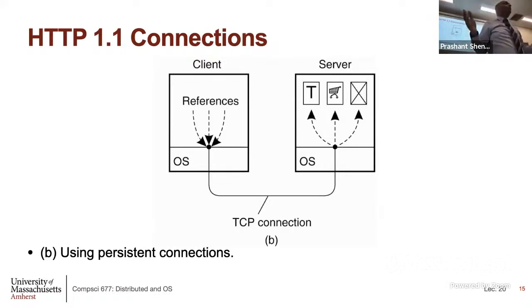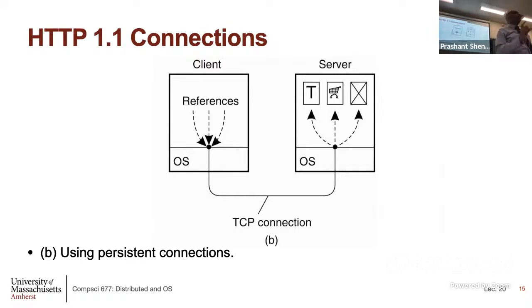How long to keep the connection open after the last request determines the chances of reusing the connection, which is good, versus wasting resources on the server by keeping a connection idle because the user is not doing anything, which is bad. You don't know what the right answer is, but different browsers have used different policies on how long to keep it open. So that's persistent HTTP, also called HTTP 1.1.